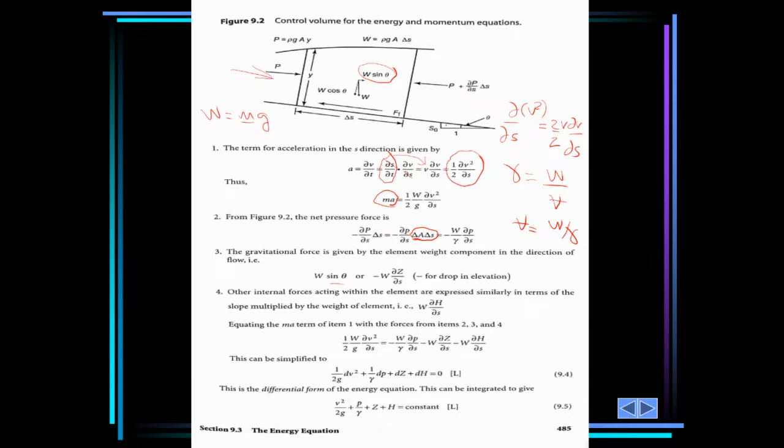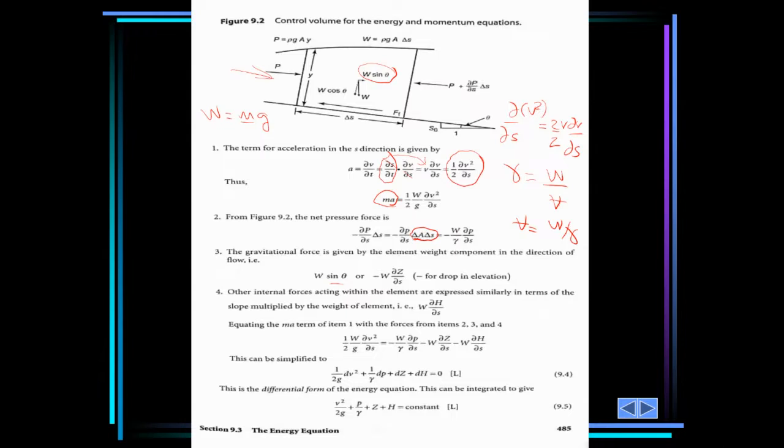The opposite is simply Δz, and you have Δs, which is the hypotenuse, and it's minus because as you proceed in the direction of flow, the elevation drops, so ∂z/∂s is going to be a negative term, so to make it positive, you introduce the negative sign, which is this one.